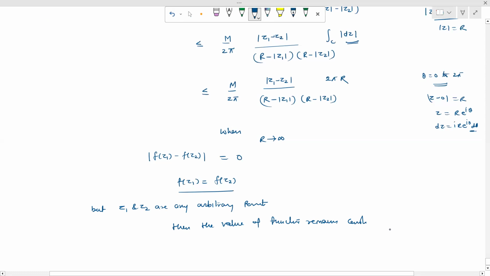Now at two points the value is the same, so the function is constant. So we can say that f(z) is a constant function. Function f(z) is constant. So this is the proof of Liouville's theorem.